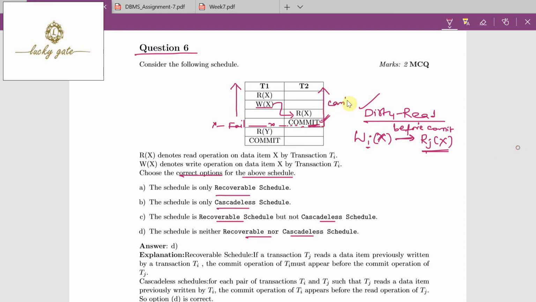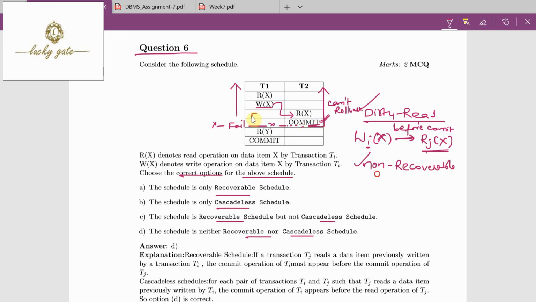So we cannot roll back. Because we cannot roll back, this schedule is said to be a non-recoverable schedule. Non-recoverable schedule means this schedule has a problem with non-recoverability.